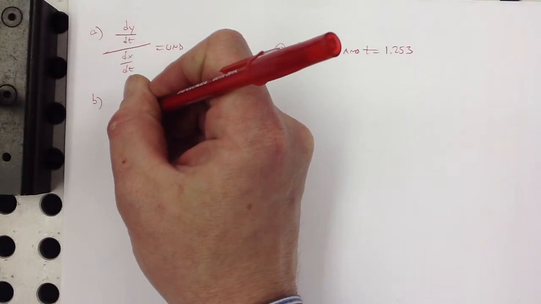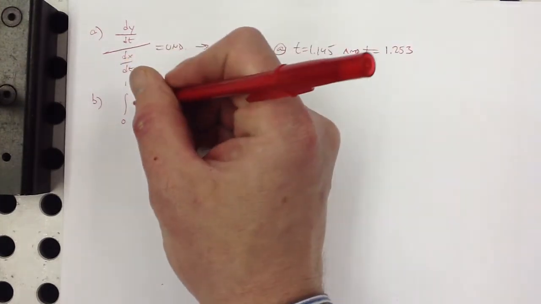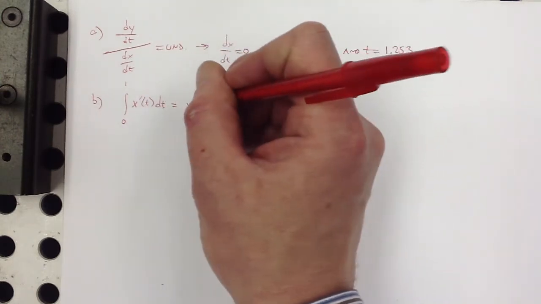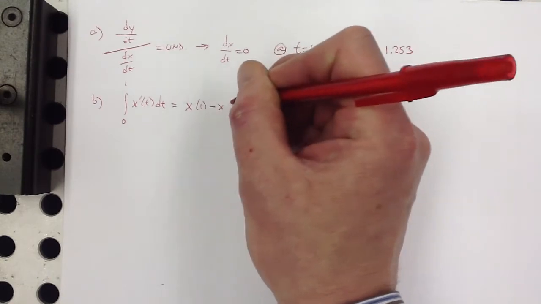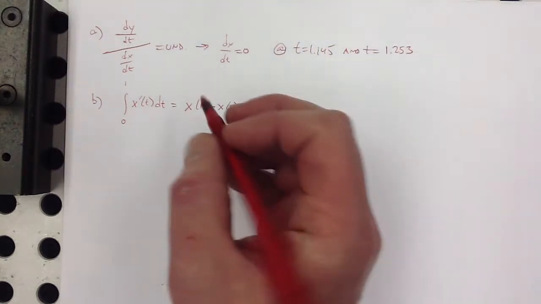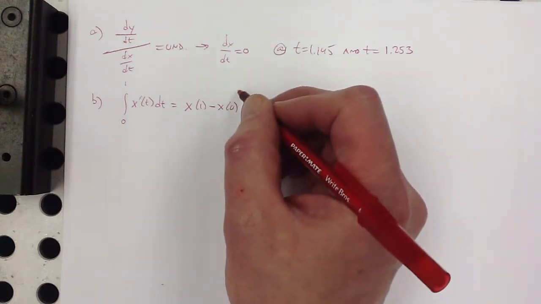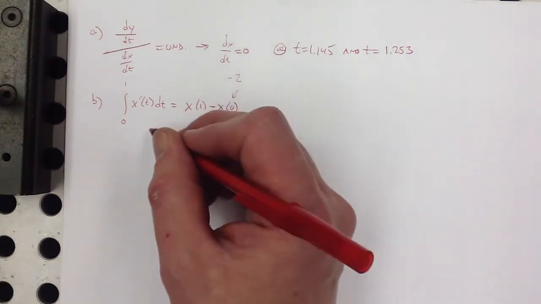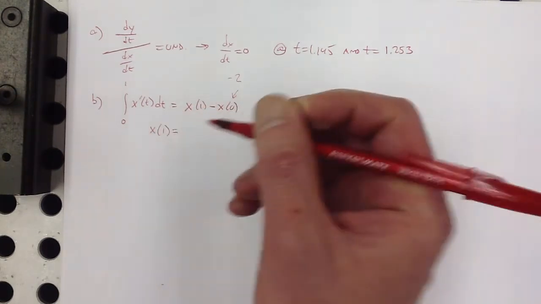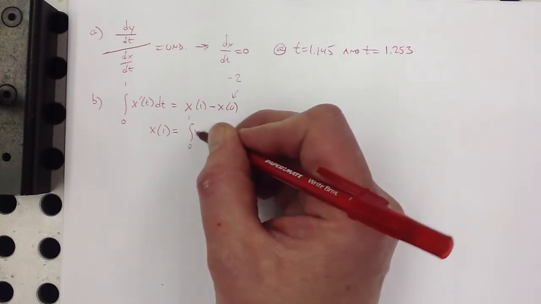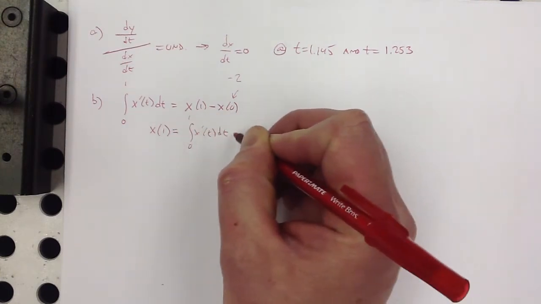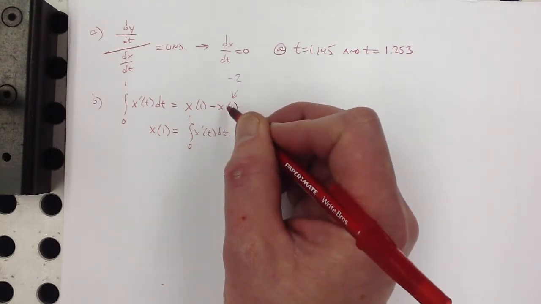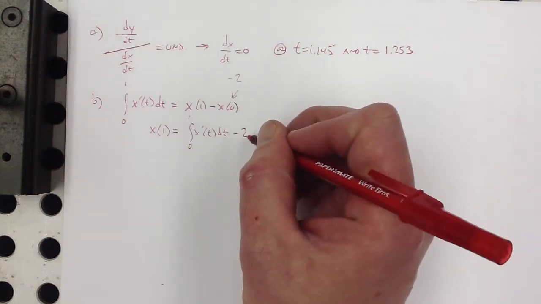If I do the integral from 0 to 1 of x prime of t dt, that's equal to x of 1 minus x of 0, right? And I know that this is -2. So the x of 1 that I'm looking for, my x coordinate, is equal to this integral minus -2, so that would be plus 2 here, and I'm subtracting it to the other side, so that would be minus 2.